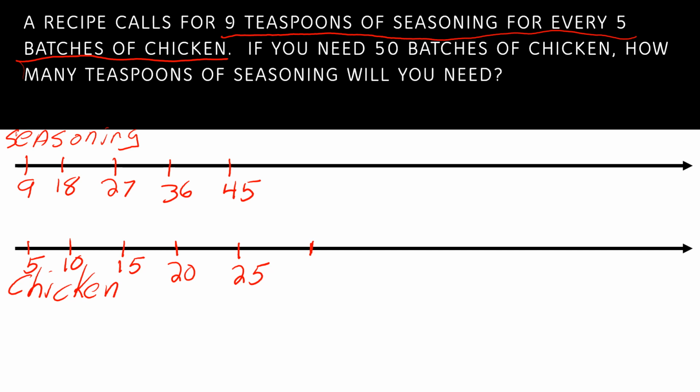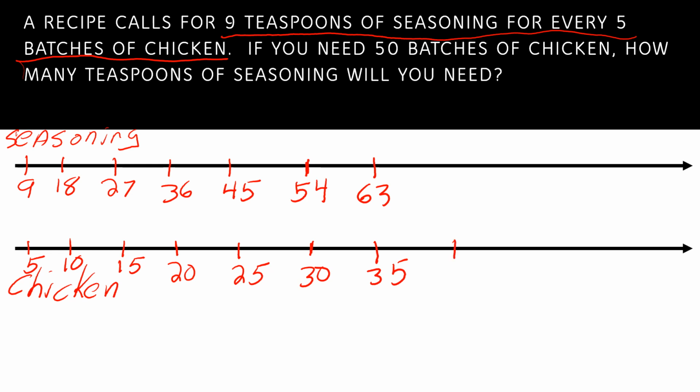If we have 30 batches of chicken, we will need 54 teaspoons of seasoning. If we have 35 batches of chicken, we will have 63 teaspoons of seasoning.